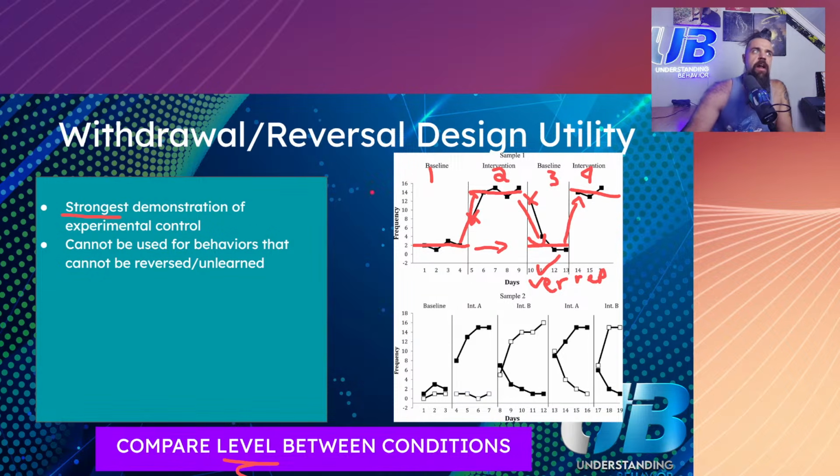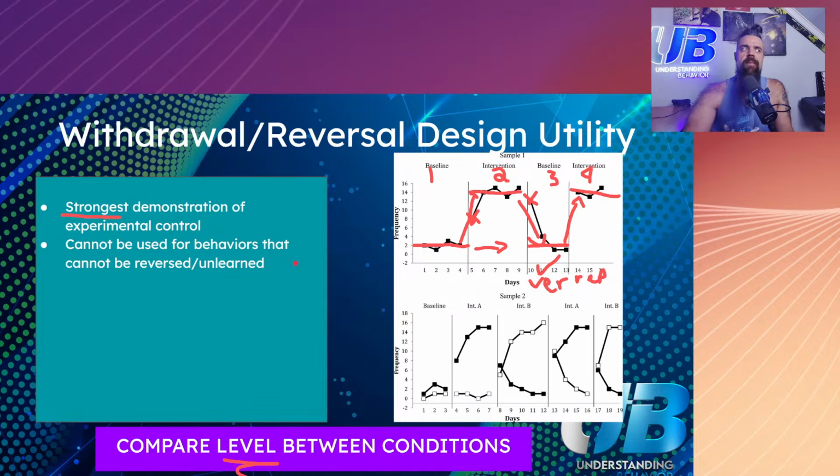One limitation of our withdrawal reversal design is that we cannot use it for behaviors that cannot be reversed or unlearned. So if we were to do that, what would be the issue? What would be something that we would not be able to attain in reference to baseline logic? Kind of a tricky question.